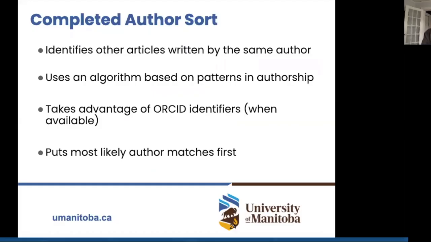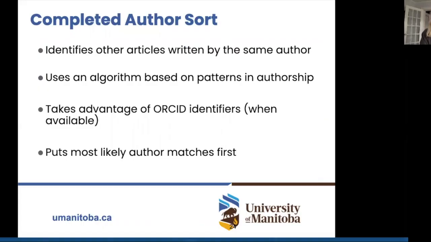And this author list uses an algorithm based on patterns in authorship to identify other articles where an author with the same name is actually the same author. It takes advantage of a number of different features, one of which is ORCID identifiers, an initiative to identify and link authors with their actual work, and it sorts out multiple authors with the same name.